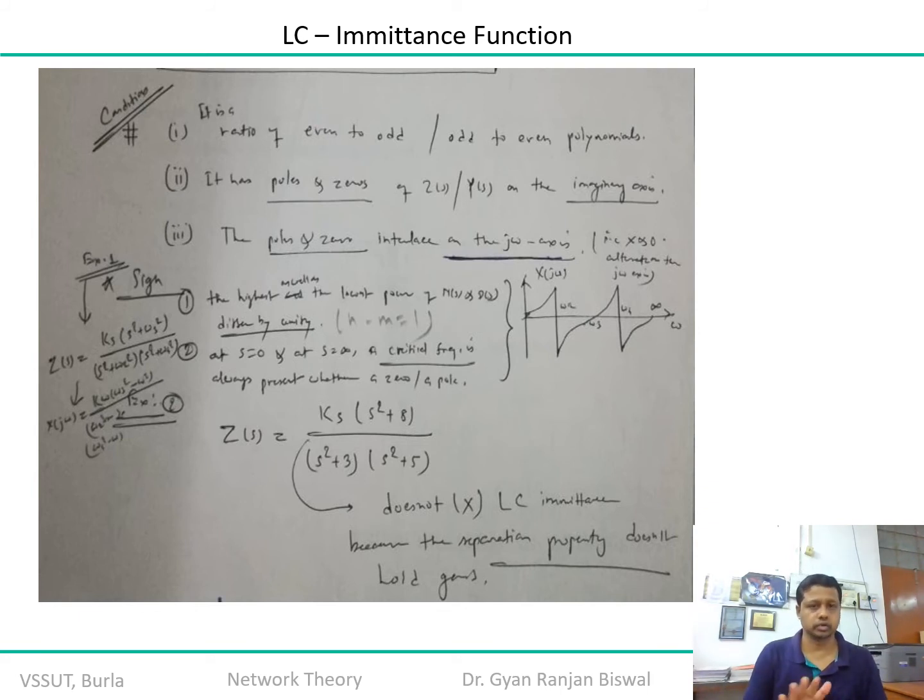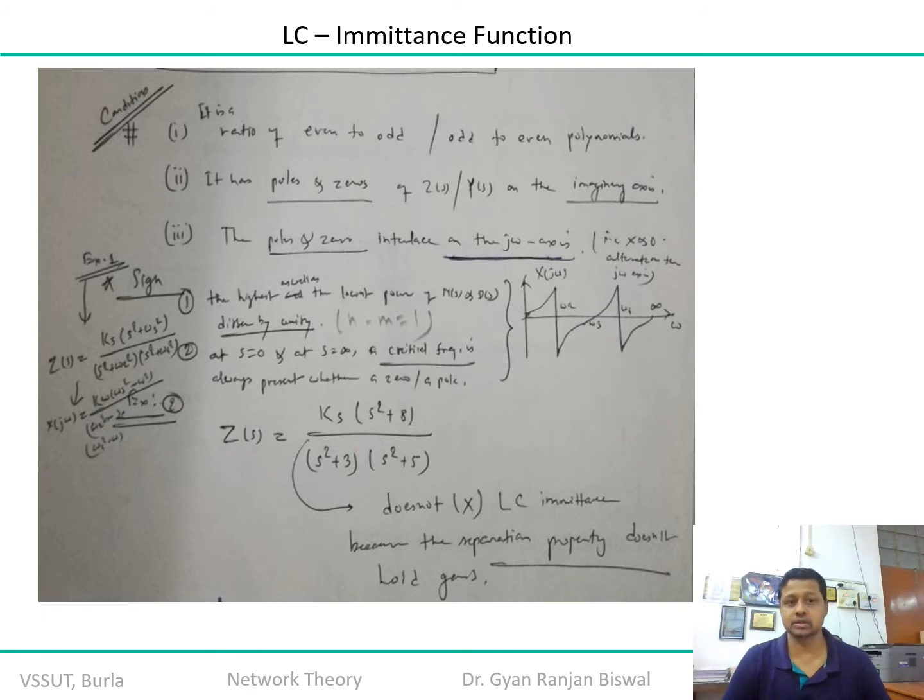It should be noted that this transfer function, or this kind of LC impedance function, doesn't have poles at the origin. Because the separation property doesn't hold. Understood? If I modify this transfer function so that the denominator is s into s square plus 3 into s square plus 5, then the s in the numerator and denominator at the origin will cancel each other.